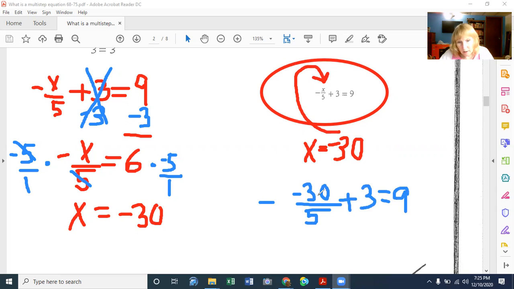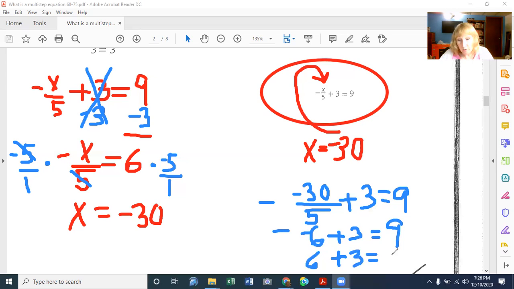So negative 30 divided by 5 is negative 6. And then again, we got that negative sign there. Plus 3 equals 9. And then the opposite of a negative 6 is really a positive 6. So 6 plus 3 equals 9.